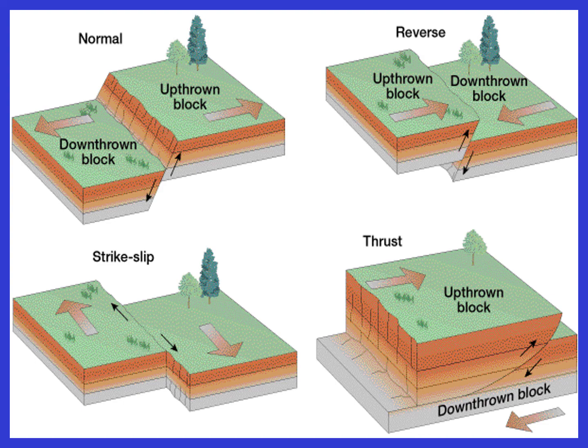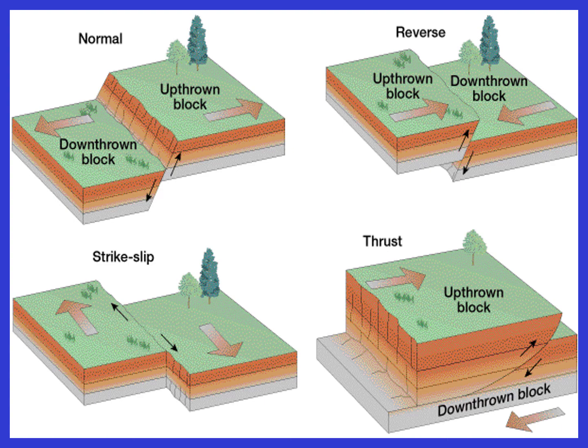So number three, we have the strike-slip fault, in which there is horizontal movement along a fault line, that is, movement in the same direction as the fault, also known as transcurrent fault.